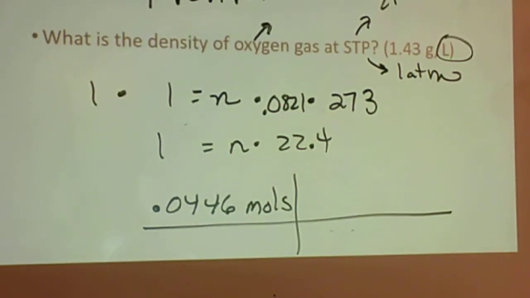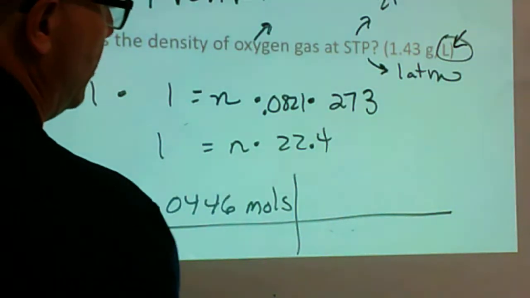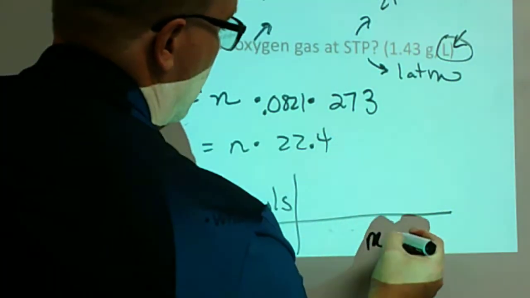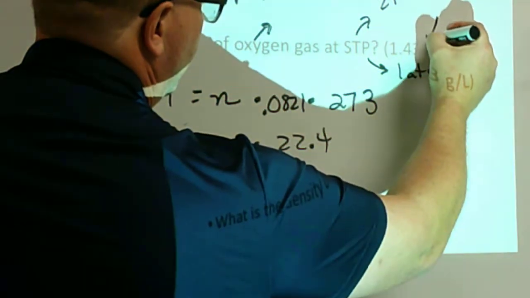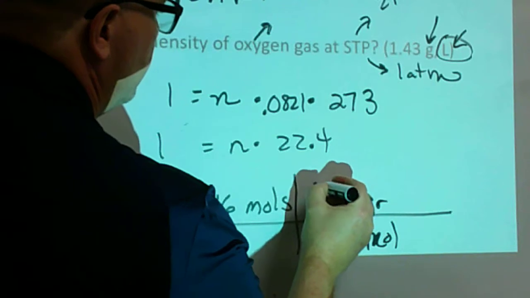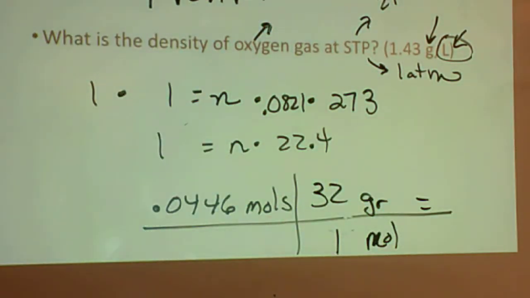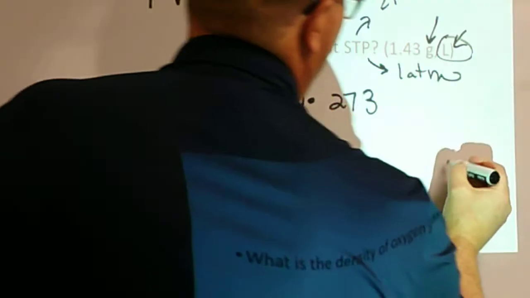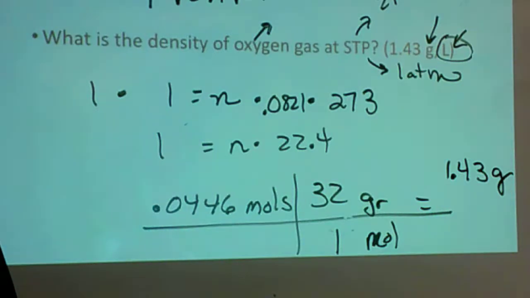Now I just have to convert it and get to the grams at the top because I already have the part on the bottom. So I'm going to go mole, mole, mass. That's where it's coming from. Big unit, smaller unit. And then all I have to do is multiply these together. You will see that it'll come out as 1.43 grams per liter.